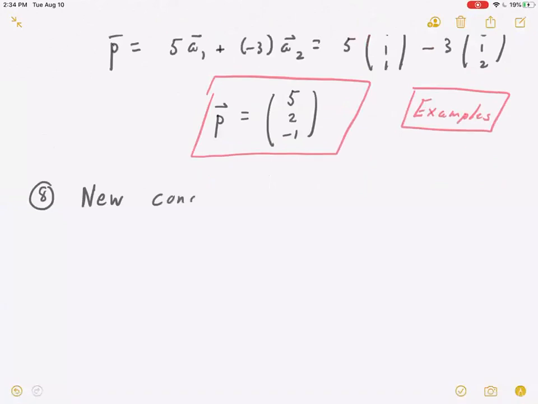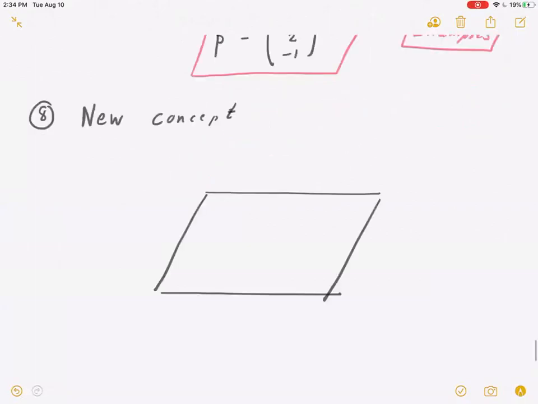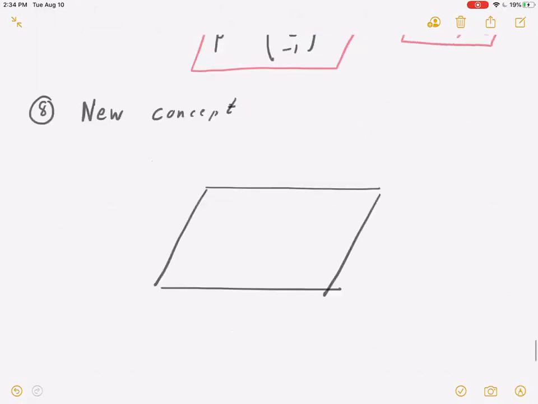And this new concept can be illustrated by looking at my plane. Here's my vector B. Here's some origin.